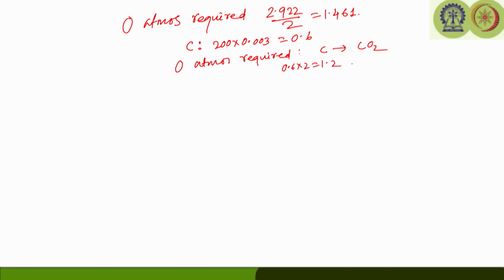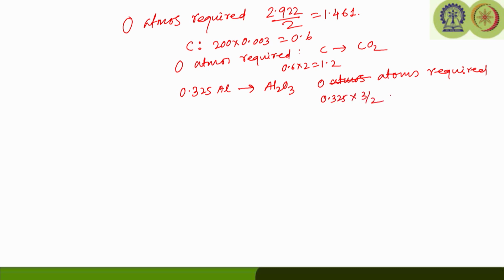Okay. Similarly, for oxidizing the aluminum, we have 0.325 aluminum, which will convert to Al2O3. So, the oxygen atoms required will be like 0.325 into 3 by 2, because Al2O3. So, that will become 0.4875.